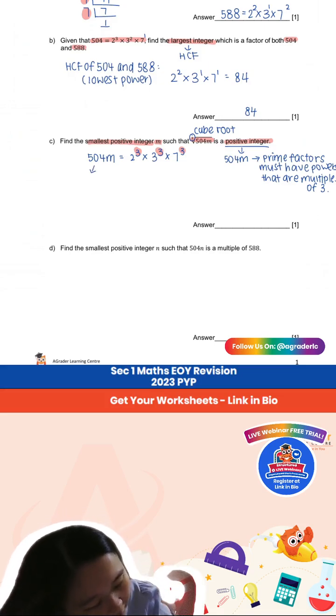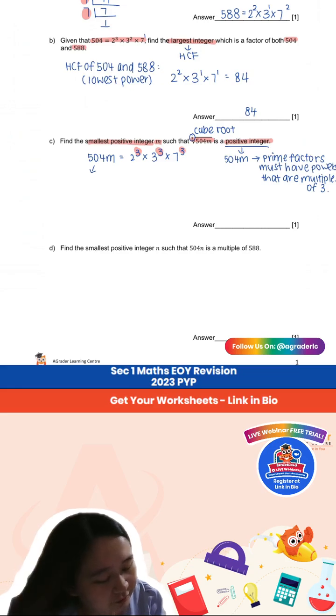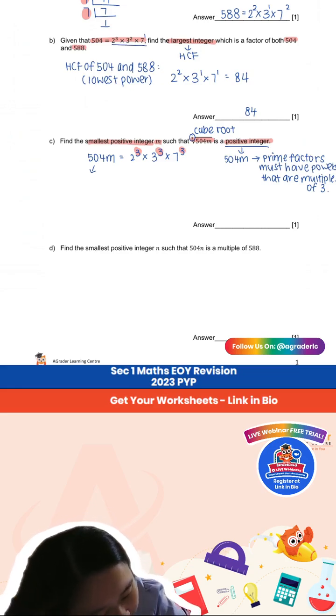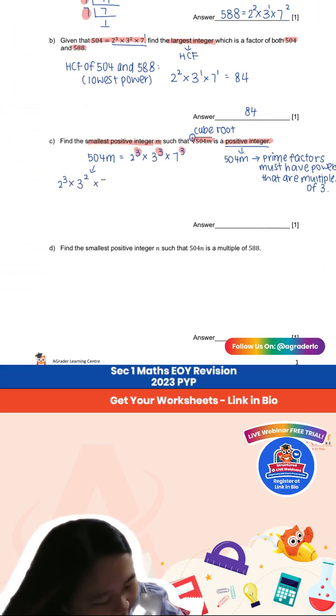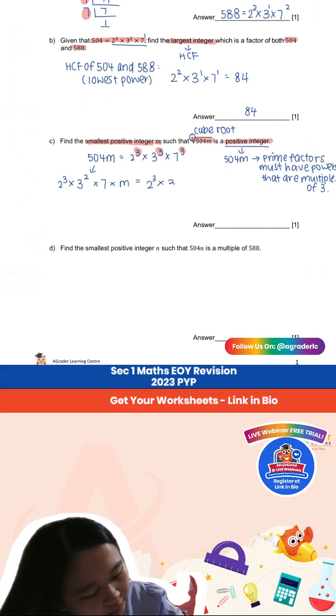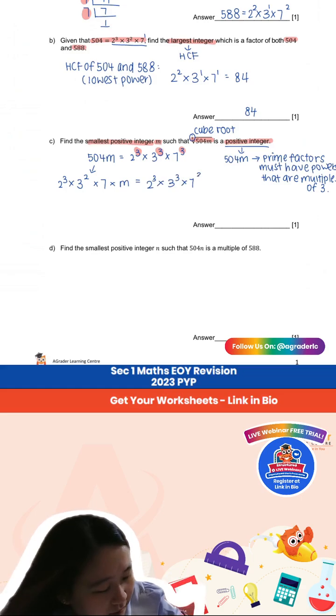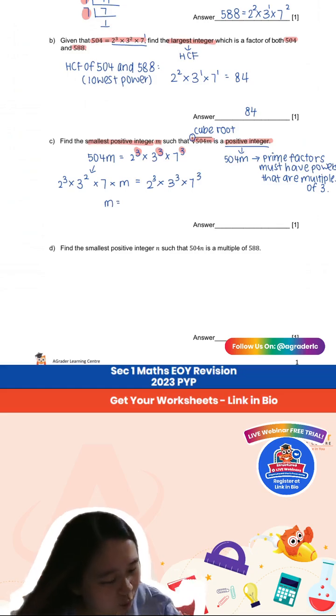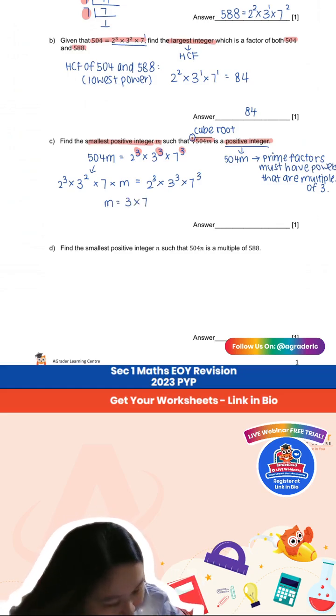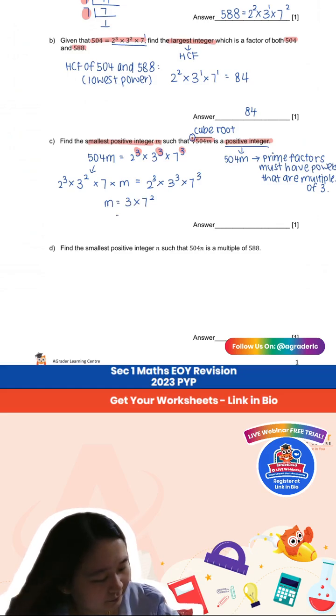And you have the breakdown of the prime factorization of 504, which is given in part B. So it's 2 to the power 3 times 3 squared times 7, and then times your m must give you this. So with this, we can find what is m. Okay, so m will be 3 times 7 squared, which will give you 147.